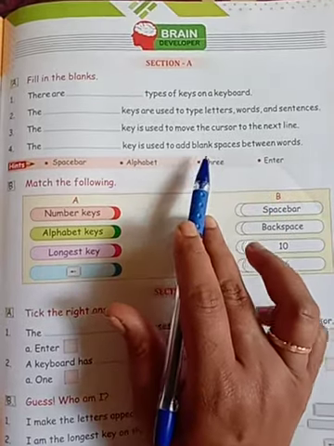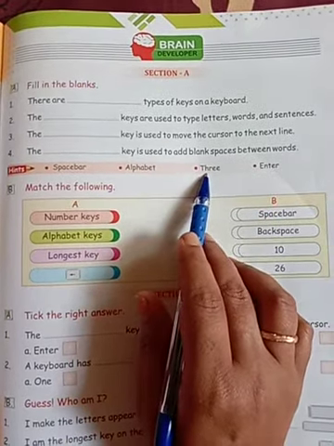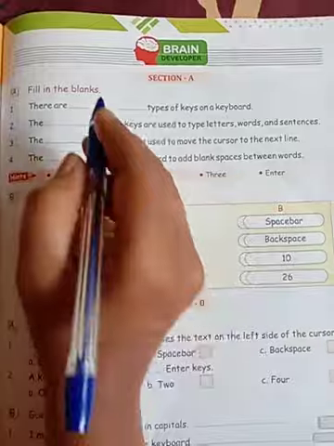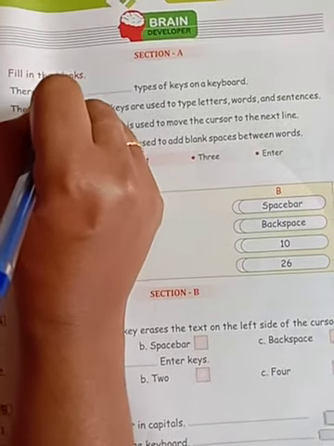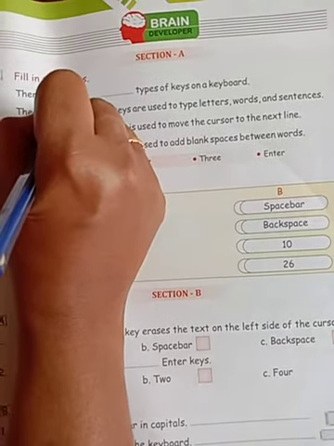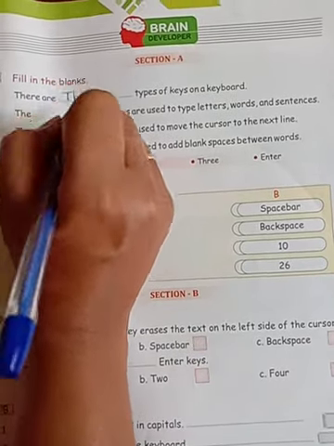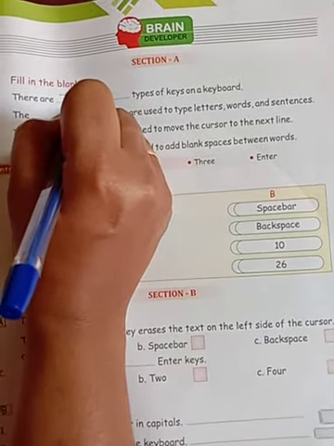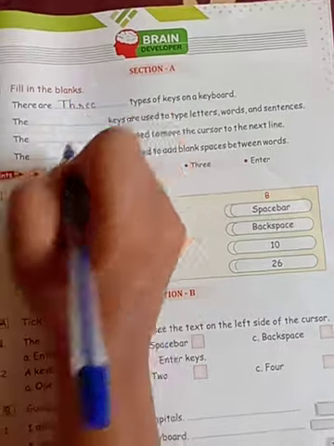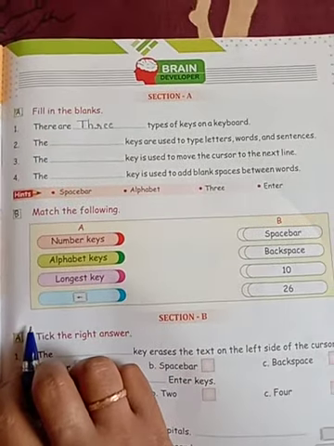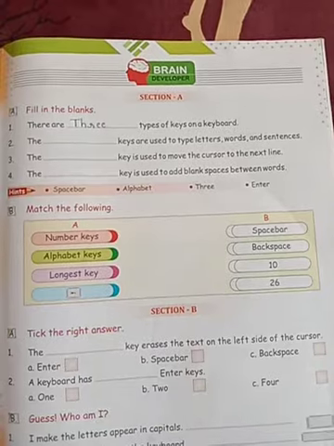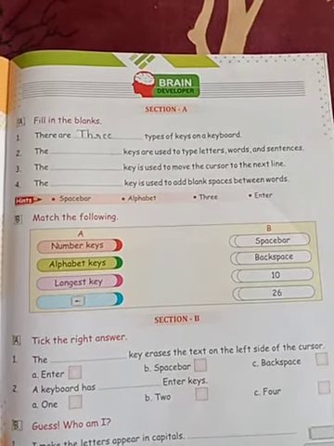So they have asked how many types of. The answer will be 3. So here I will write T-H-R-E-E. There are 3 types of keys in a keyboard.